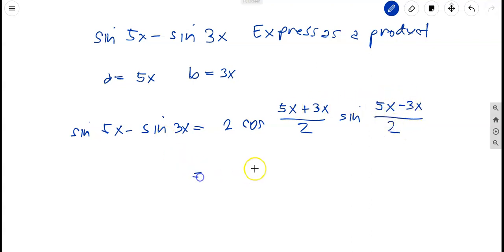And then simplify the equation. So therefore you can get now 2 cosine 4x and then sine x. So that is how you simplify the equation.